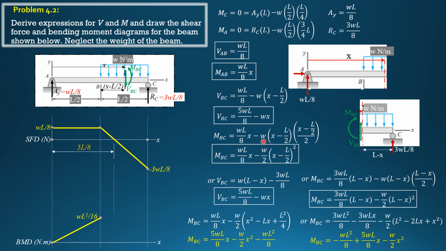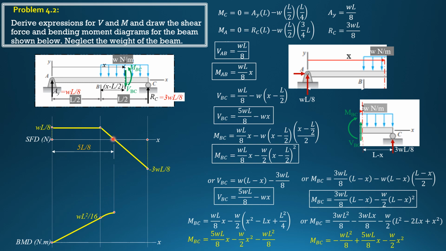So substitute 5/8 L in BC. 1/8 of WL times 5/8 L. Don't mind the WL square. 1/8 times 5/8, then minus 1/2 times 5/8 minus 1/2 squared. It will give us 9WL square over 128. Again, you substitute 5/8 L here. You will get the ordinate here for moment. That's the maximum moment when shear is 0.